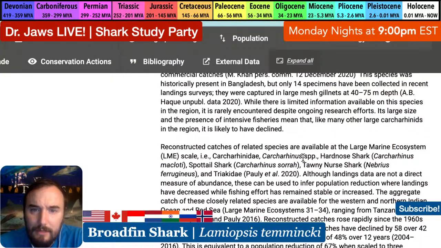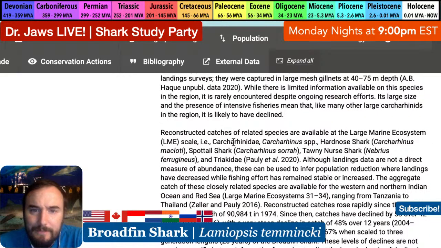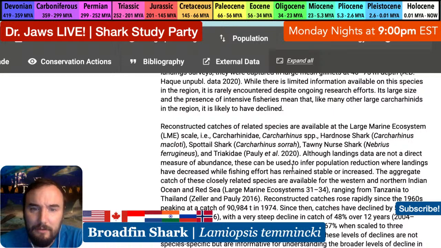Reconstructed catches of related species are available at the large marine ecosystem scale. This is interesting. That is Carcharhinidae, so carcharhinid species, the hardnose shark, spot-tail shark, tawny nurse shark, and Triakidae. Although landings data are not a direct measure of abundance, these can be used to infer population reduction where landings have decreased, while fishing effort has remained stable or increased.